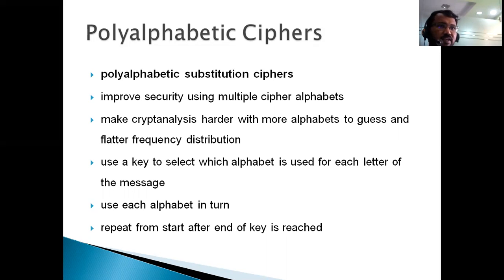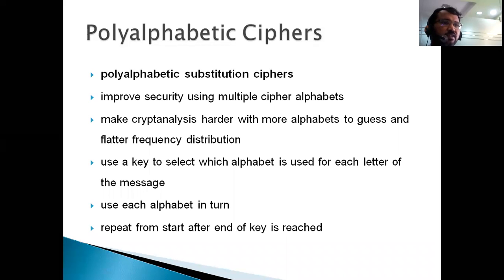Instead of the monoalphabetic, where you observe that only 26 cipher alphabets are there, and in the Caesar cipher, where we have only a single cipher alphabet, here we can use multiple alphabets to perform the cipher algorithm, where we are going to take a key to select the alphabet used for each letter of the message.